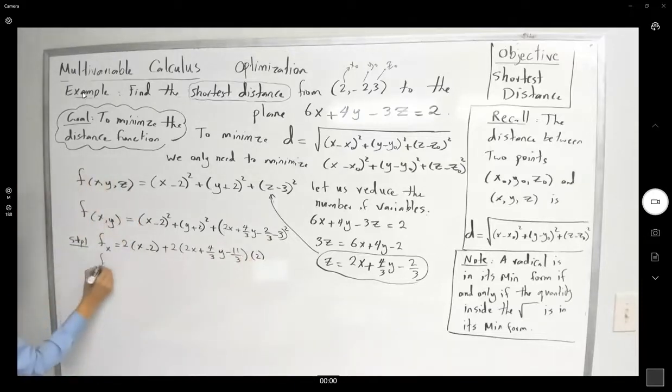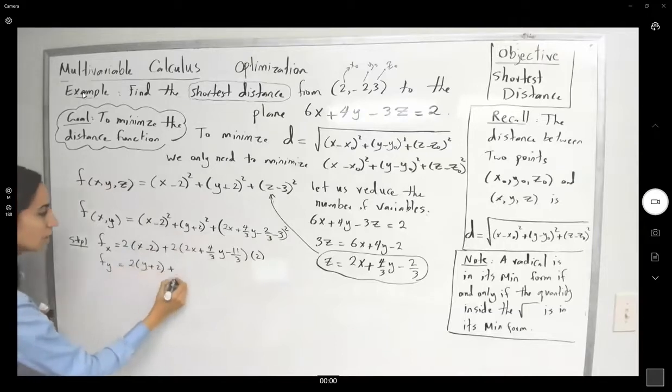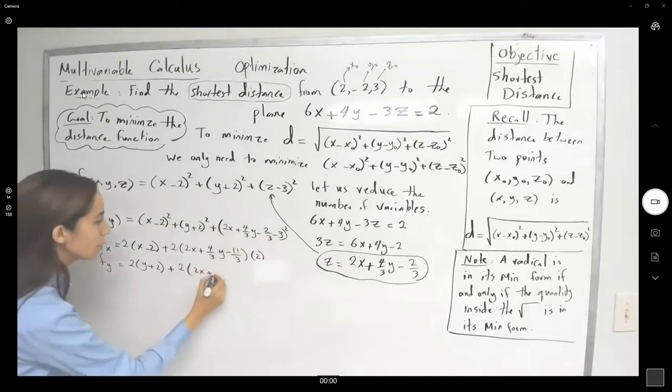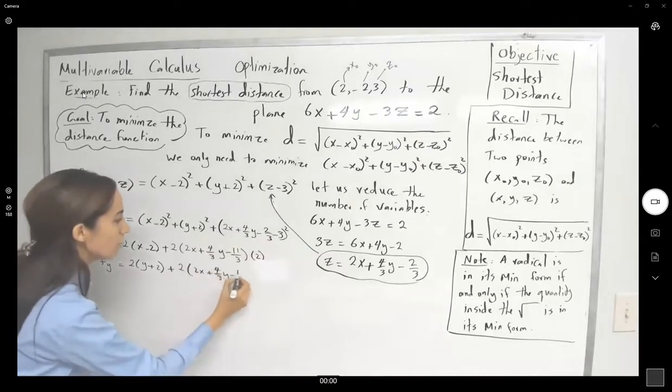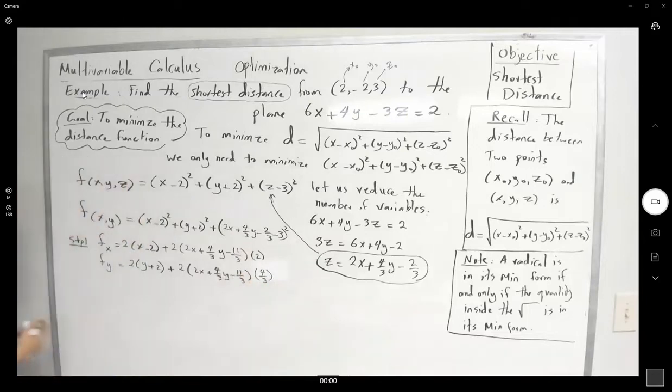Then we're going to find the partial derivative with respect to y, which is 2 times y plus 2, and then we apply the chain rule, which is 2 times 2x plus 4/3 y minus 11/3 times 4/3.